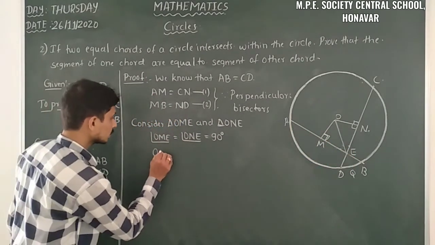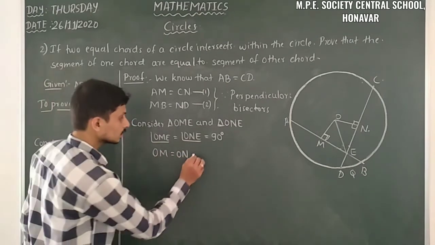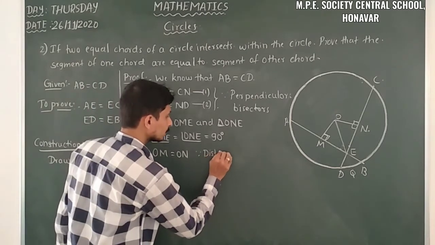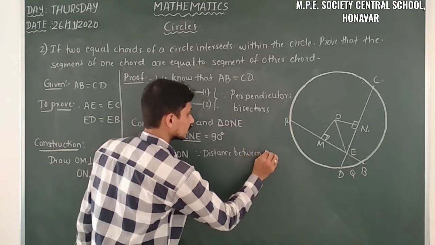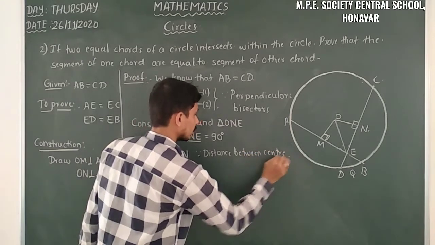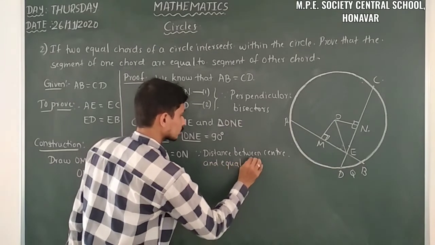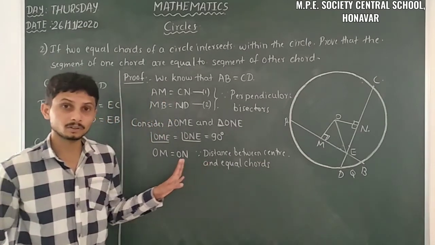That is OM is equal to ON. Why is it so? Because the distance between the center and equal chords, distance between means it's a perpendicular distance.